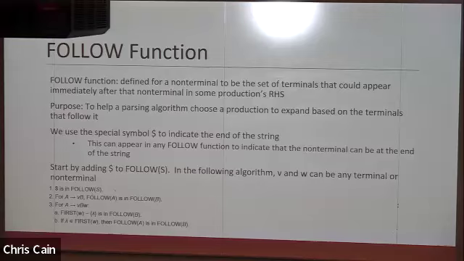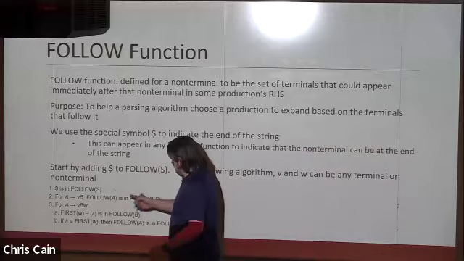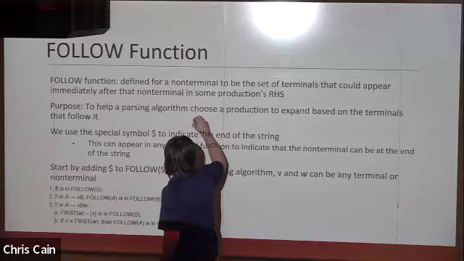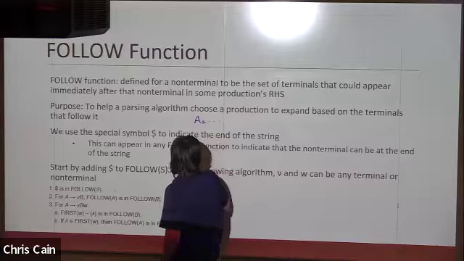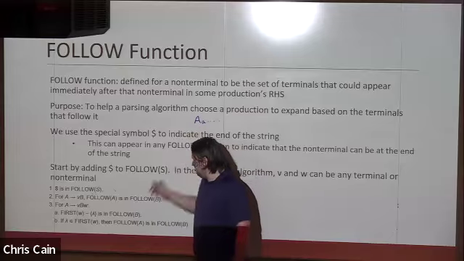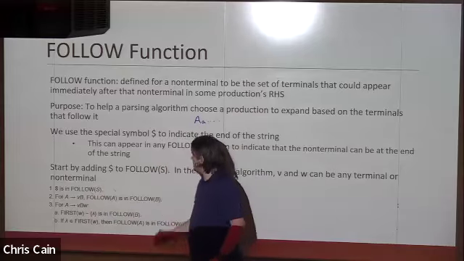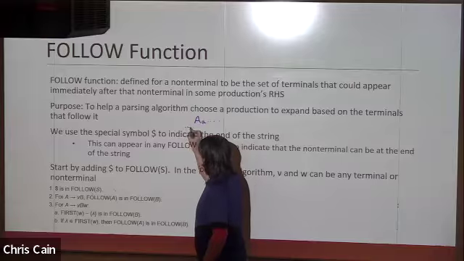Does it make sense why that is? Whatever could come after A somewhere, like let's say somehow we get capital A, lowercase a in some derivation. This capital A can become something that ends with capital B when we expand this. So there's going to be a capital B here.